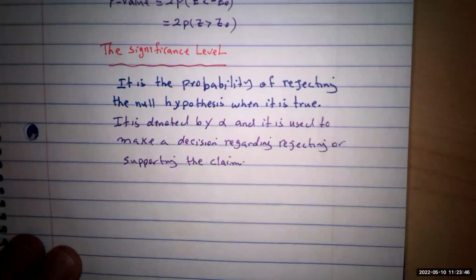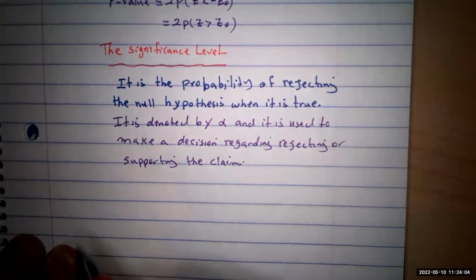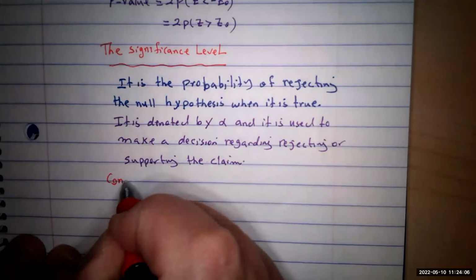So this would be given to you. You're not going to get it yourself. It's always 1%, 5%, or sometimes 10%, but it will be given, depending on the situation. So you do all this work, you compare it with alpha, and this is how we conclude.